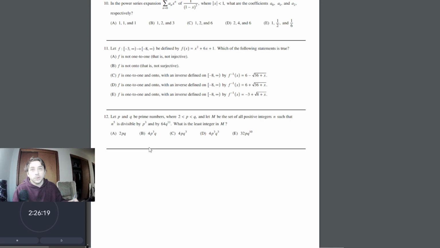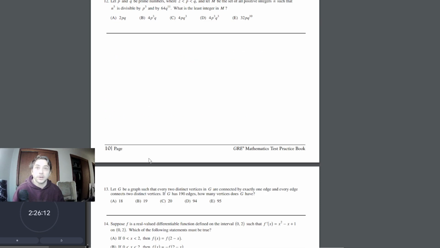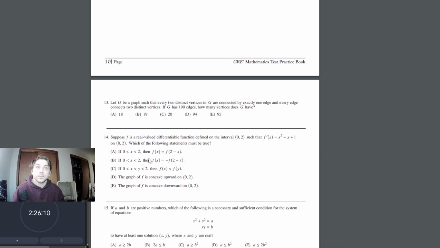First number divisible by. Damn, this is graph theory.